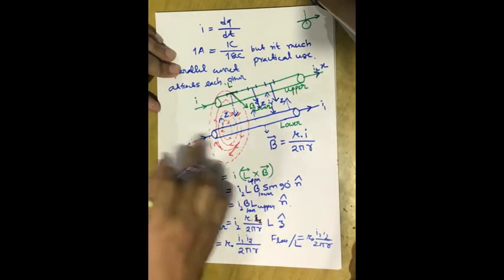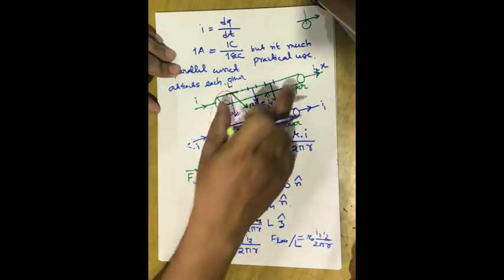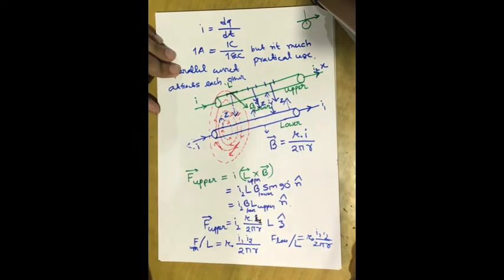We also assume that the lengths of the two wires are the same: the upper wire length is L and the lower wire length is also L. Therefore, we have found that F by L is equal to mu naught I1 I2 divided by twice pi R.